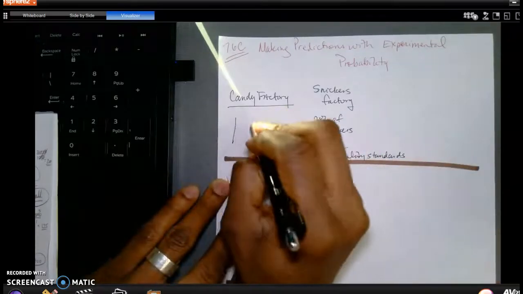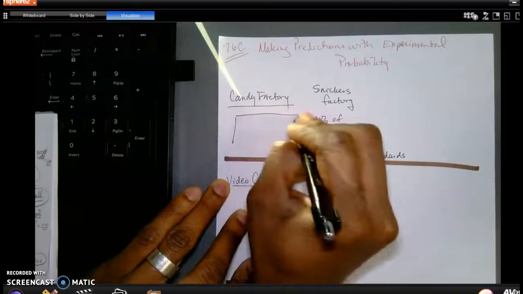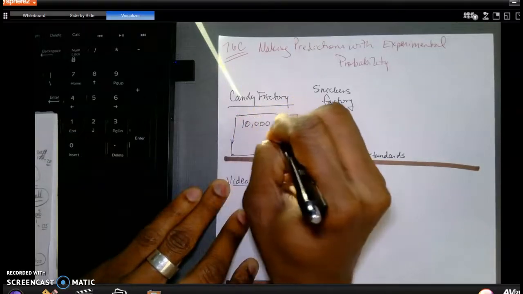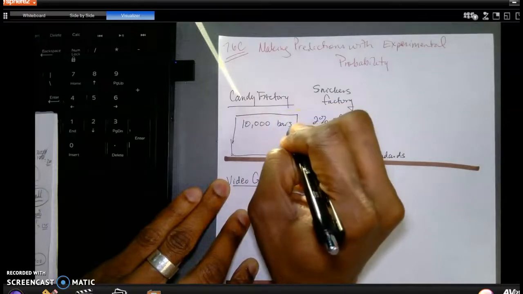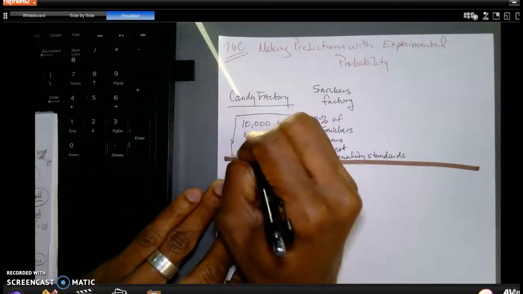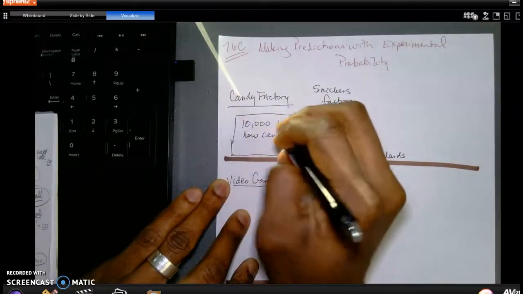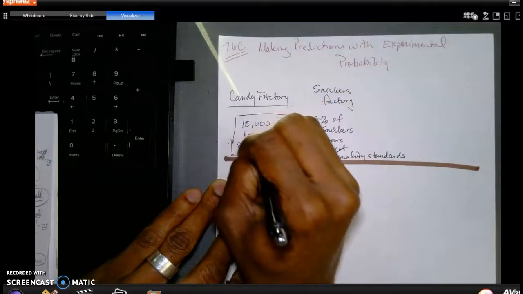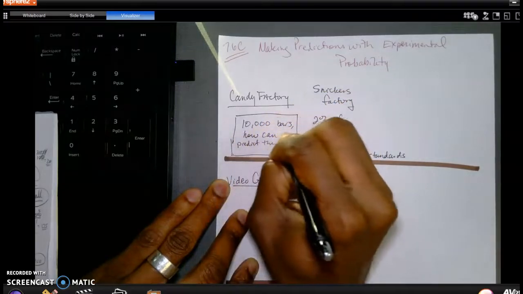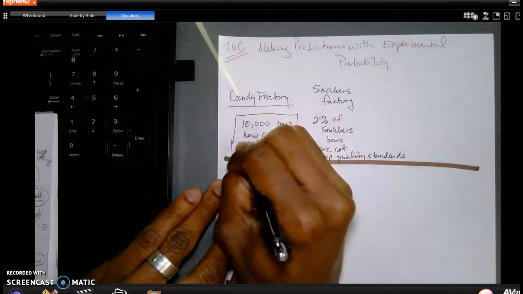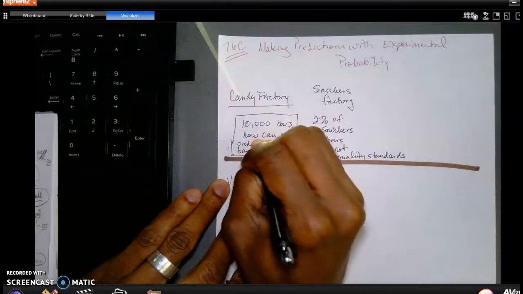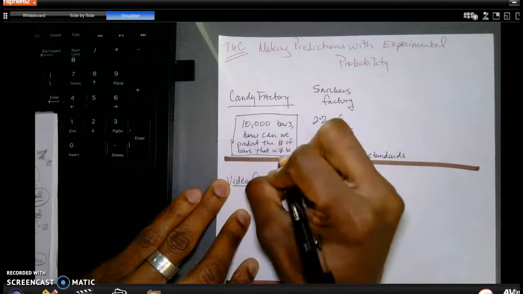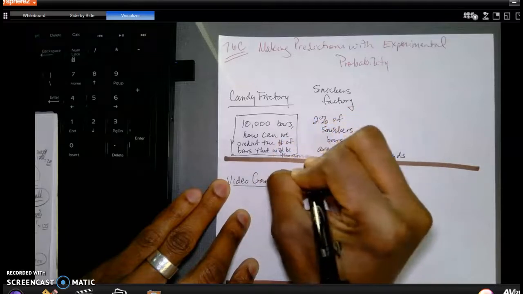And on their next run of 10,000 bars, how many will be thrown out, or discarded?